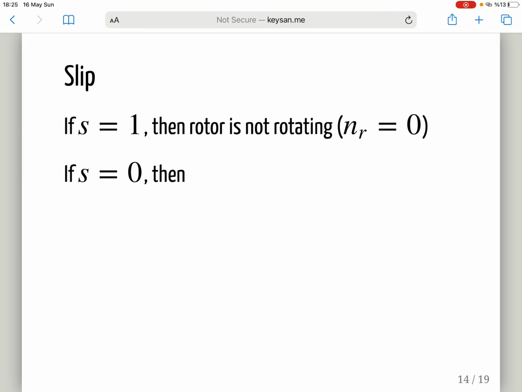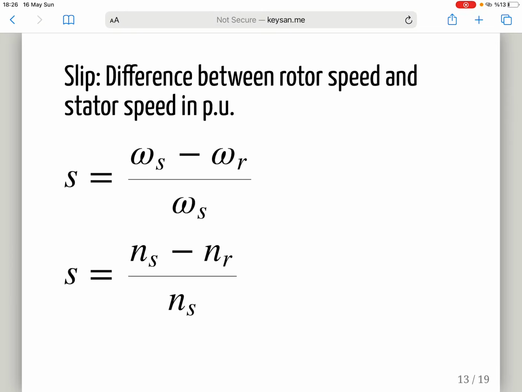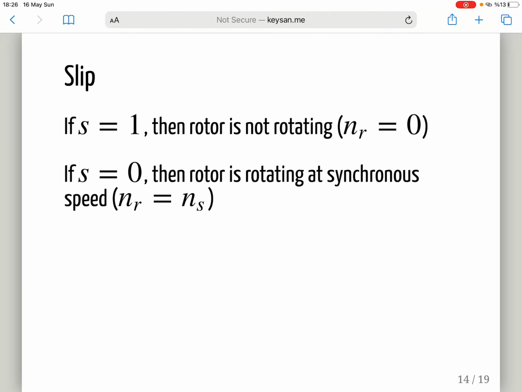And if there is no slip, then that means the rotor is rotating at the same speed as the synchronous speed. nr is equal to ns. So if nr is equal to ns, or omega s is equal to omega r, then you will have zero slip. Think of that video where the magnet is being held.